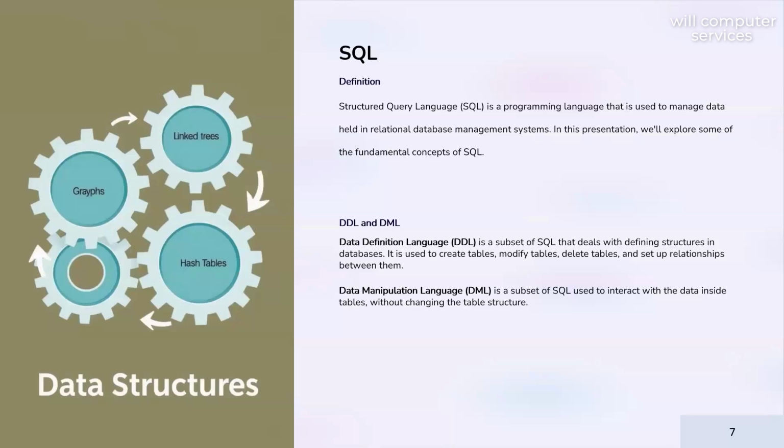And if you want to see some similarities between the people who live in the apartments, you use what we call data manipulation language. So data definition language is to build the database, and data manipulation language is to retrieve the data in the database.